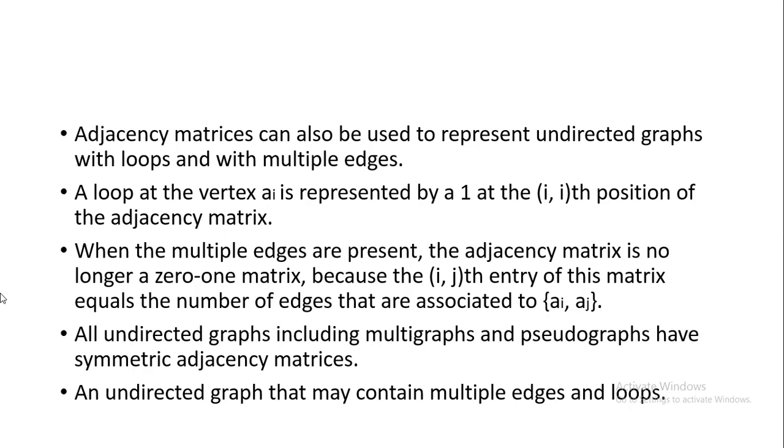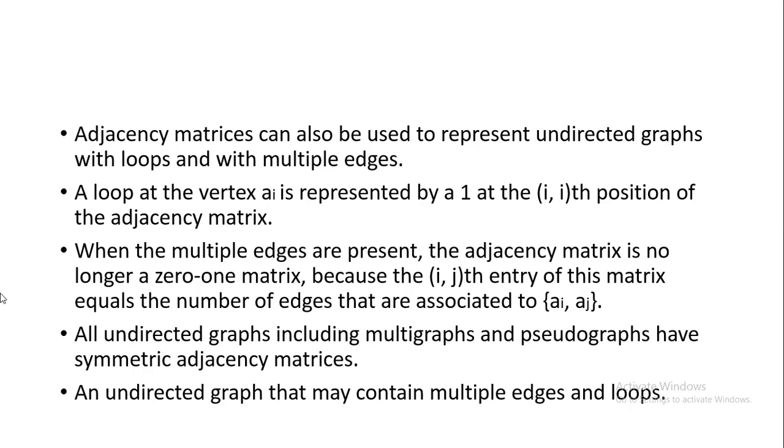Next, all undirected graphs, including multigraphs and pseudographs, have symmetric adjacency matrices. Understood? So what is a multigraph? A multigraph is an undirected graph that contains multiple edges but no loops.